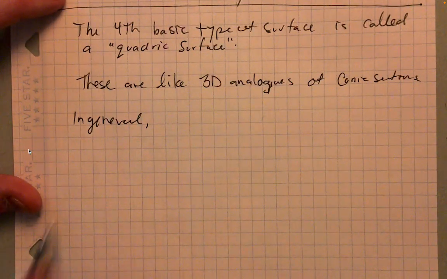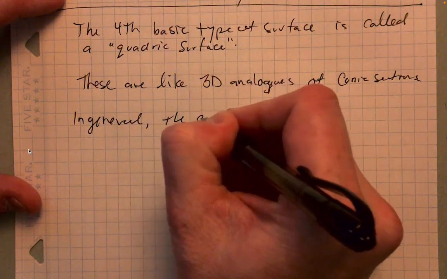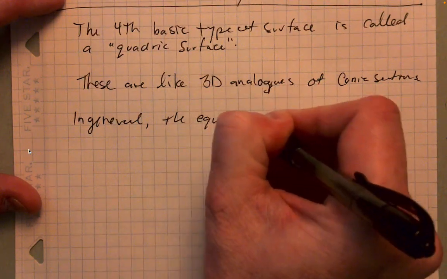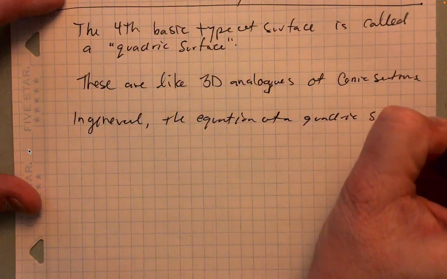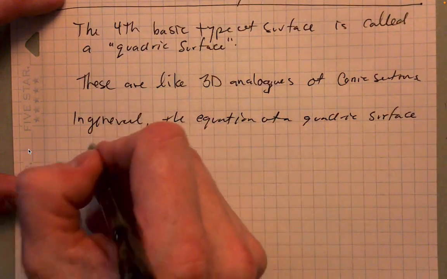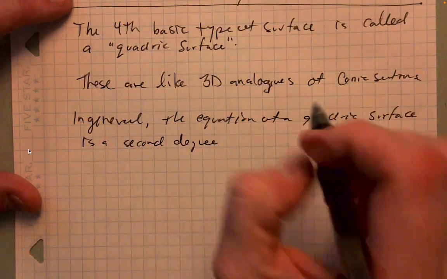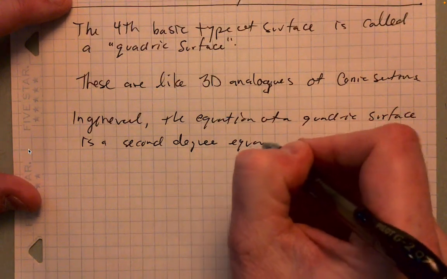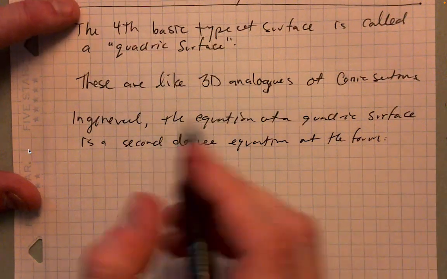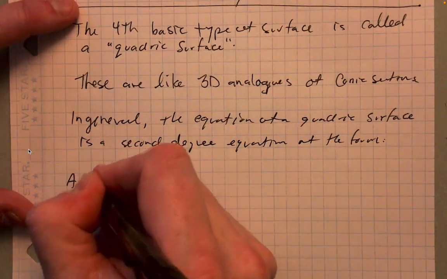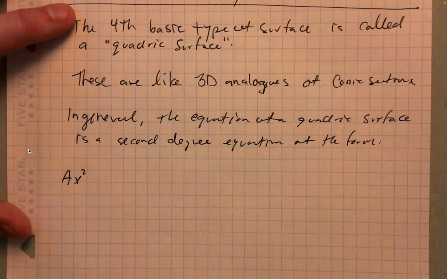Okay, in general, the equation of a quadric surface is a second degree equation of the form. This is going to seem ridiculous, but they don't always look like this. They're not always this long, but they could have any of these terms.